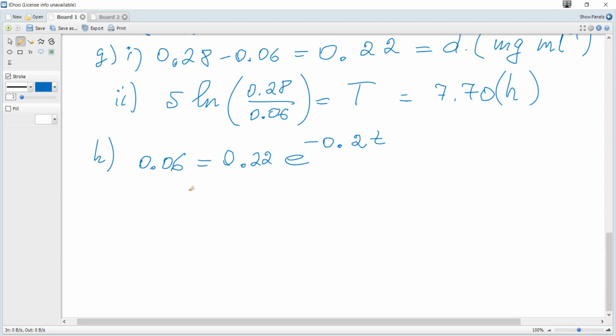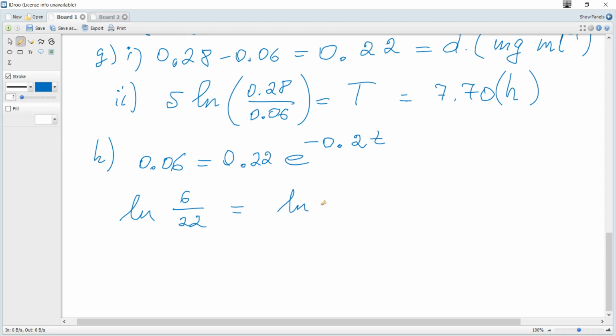Dividing by 0.22, it becomes 6 over 22 or 3 over 11, and then ln, or actually you may plot 2 graphs or 1 graph and just solve using a calculator.